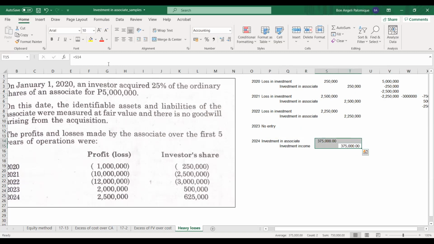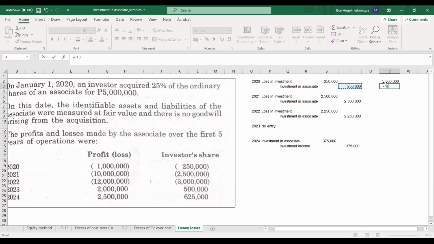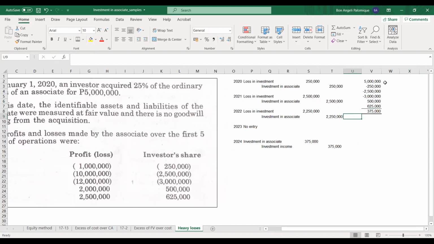So, nakuha natin siya dito sa part na to: 5 million less 250,000, less 2,500,000, tapos 3 million yung isa ko pang share. Tapos nagkaroon ng gain na 500, tapos nagkaroon ng gain na 625. Okay, so 375,000 yung pwede kong i-record dito.